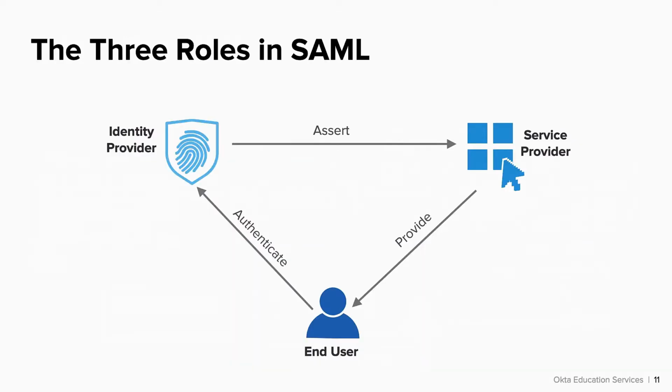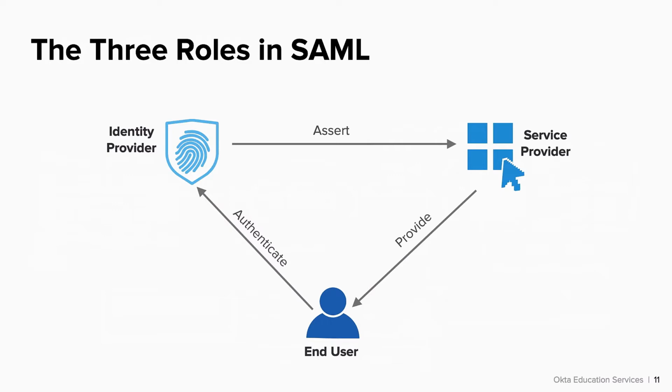There are essentially three roles that are going to be involved in the use of SAML. First, you have the end user that will authenticate into the identity provider, in this case, Okta. And then, after having logged on to Okta, the end user will see the application icons, which we saw earlier, and by clicking on an application icon, they will be sending a SAML assertion via the browser over to the service provider application.